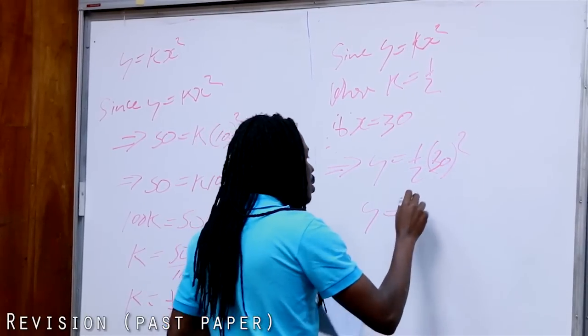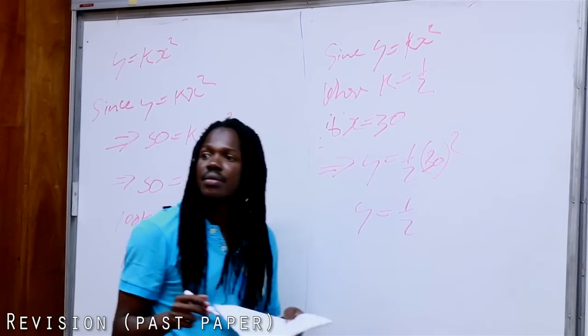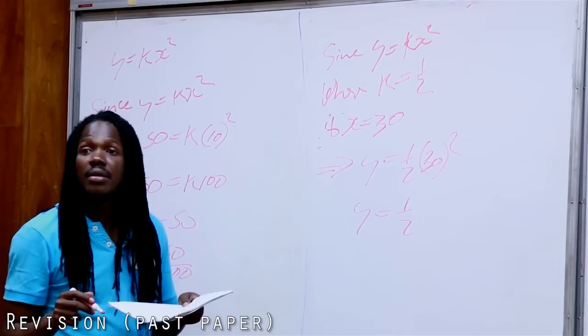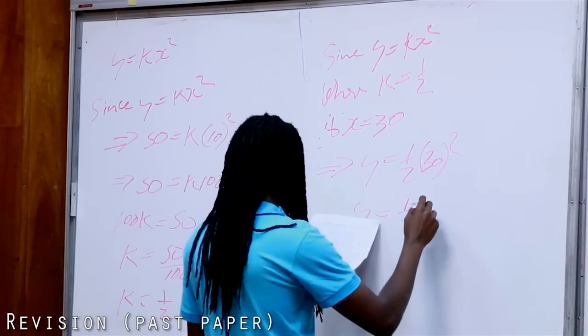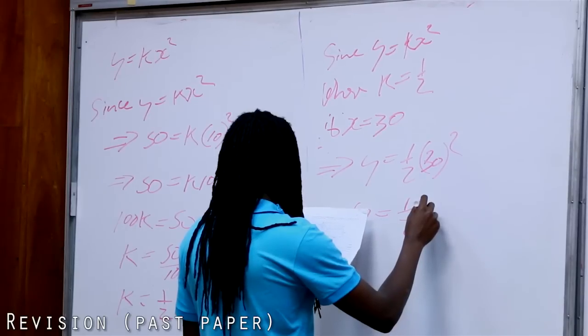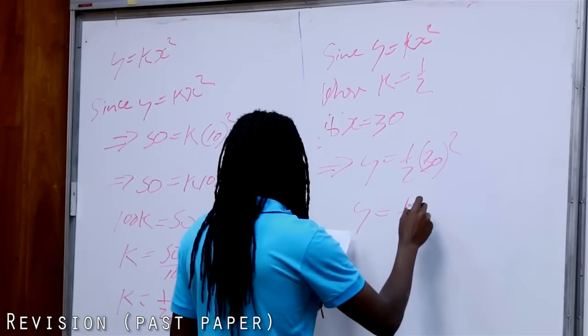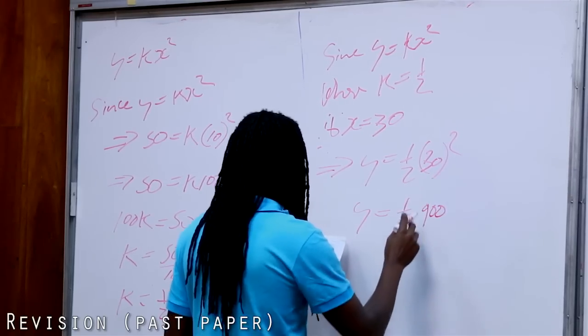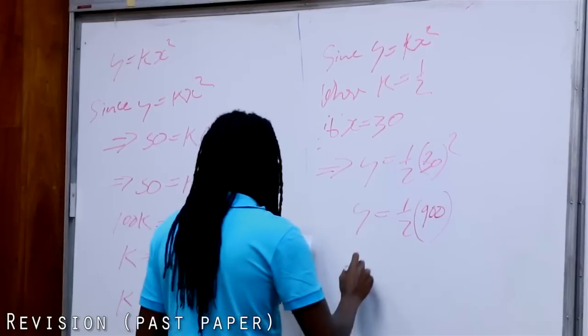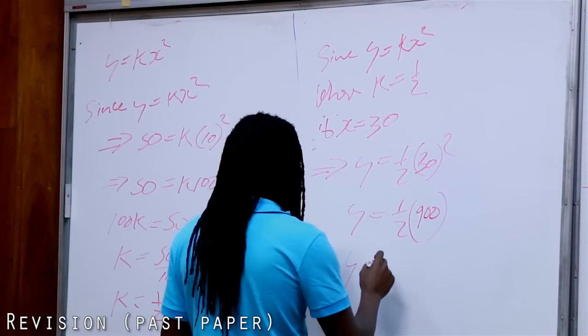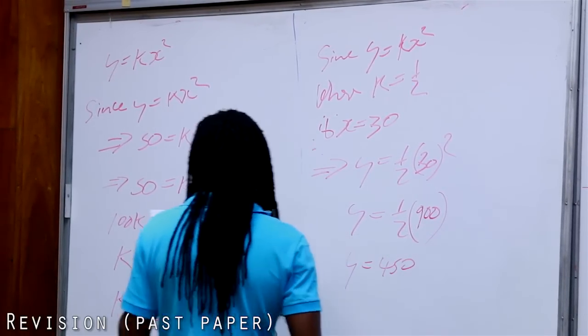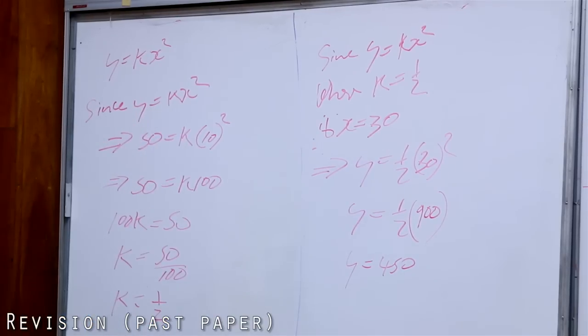Y equal to a half of 30 squared is what? 450 sounds big, but that's what it is. Everybody see that? Simple.